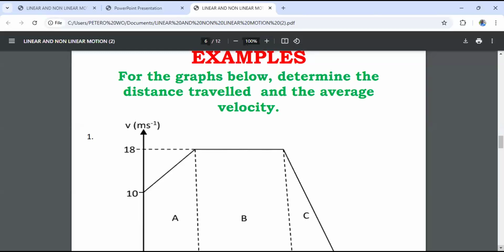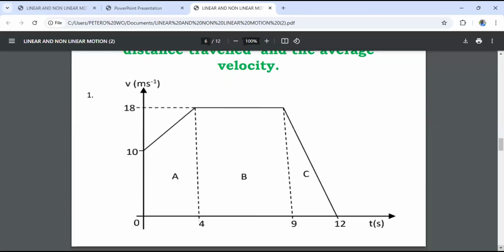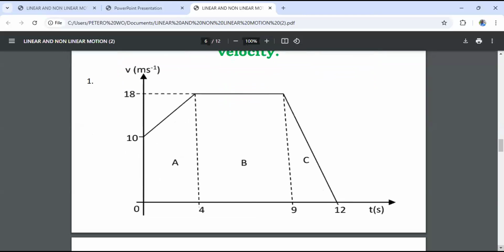So for our first graph, we are going to get the average velocity and the distance. I've told you, for us to get distance, we look for the area which is under that graph. The whole area under the graph will give us the distance traveled.